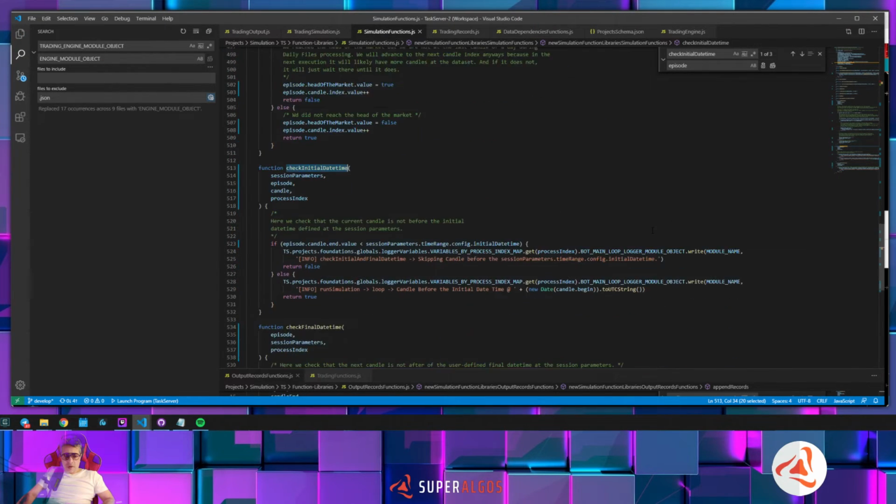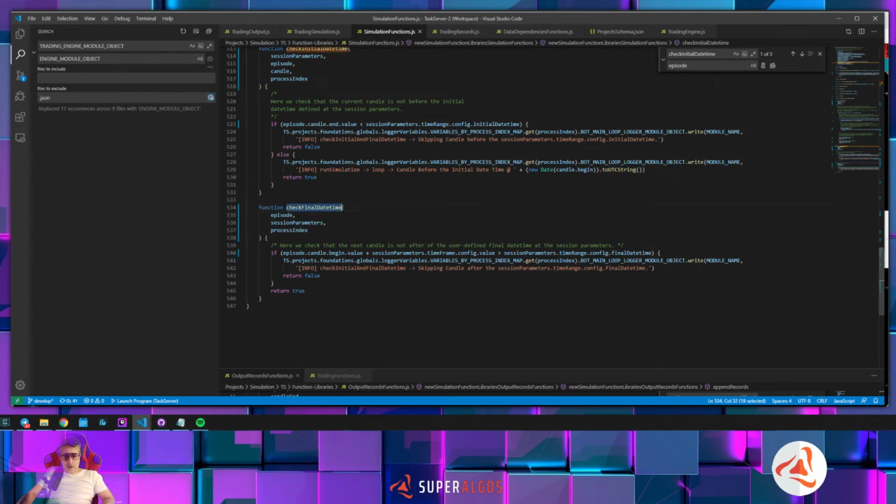Okay, and the last function, where is this coming from?